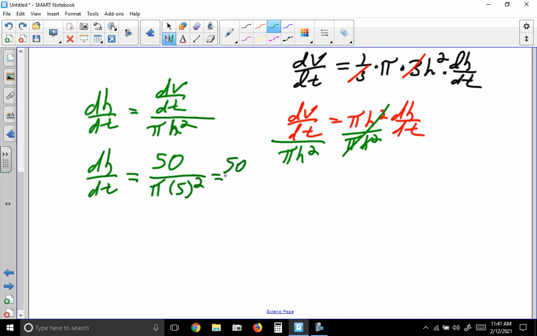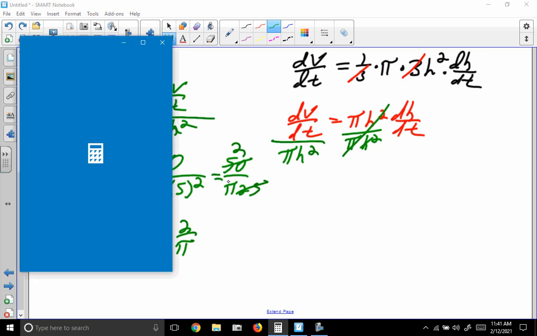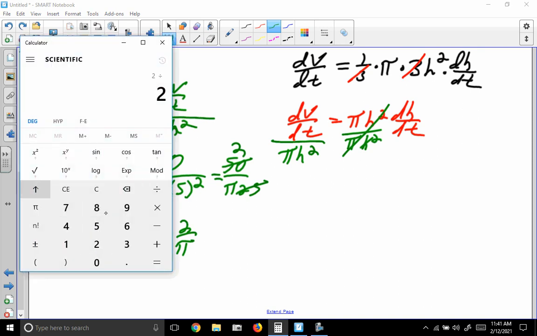So 50 over pi times 5 squared, which is 25. So 25 and 50 reduce. So dh dt is 2 over pi. We can get that as a decimal. 2 over pi. That's 0.637.